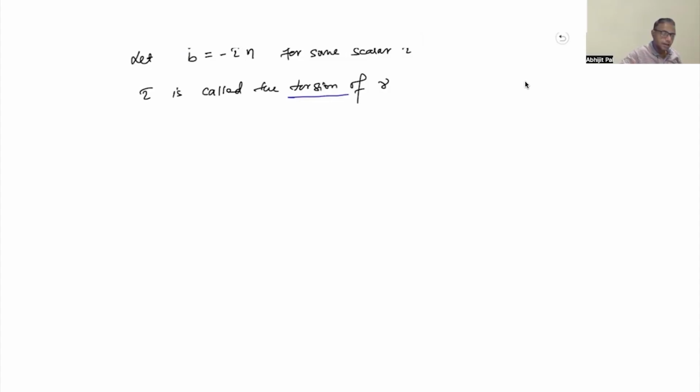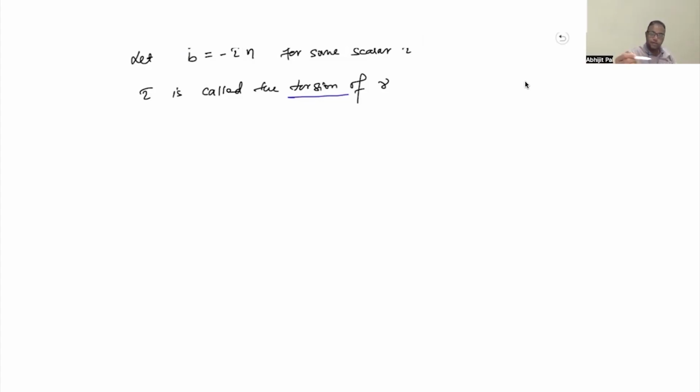Okay. And so now suppose you have a regular curve. So how to get the torsion of that curve? So what you do, you take the arc length reparameterization. Okay. And then it will become a unit speed curve, and then you compute the torsion. Okay.